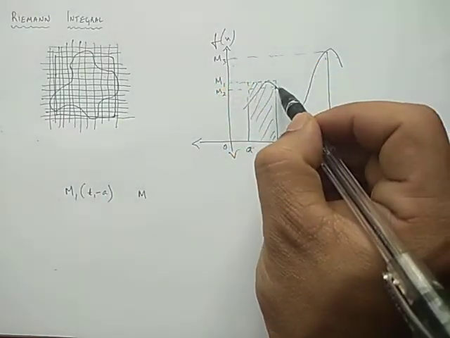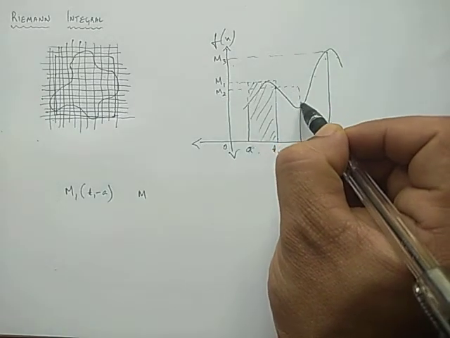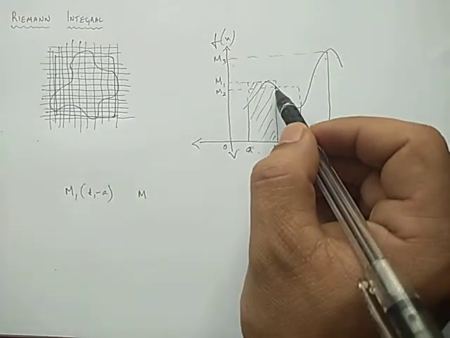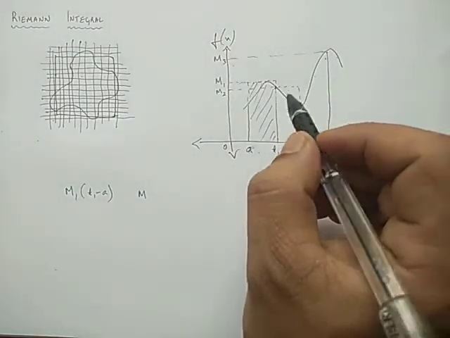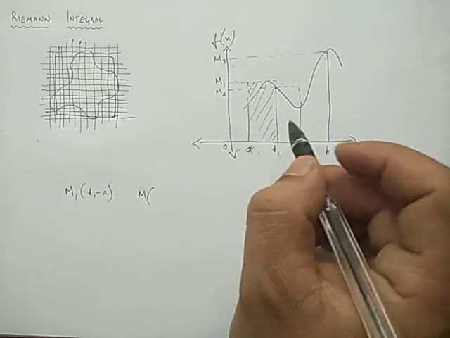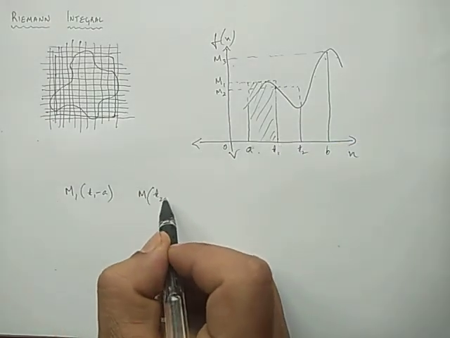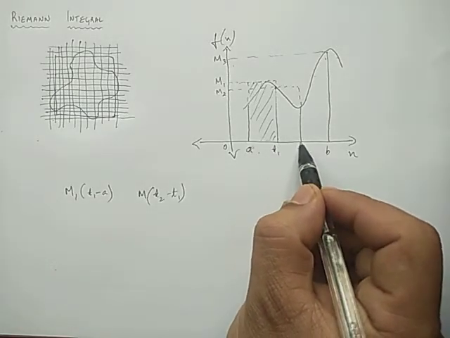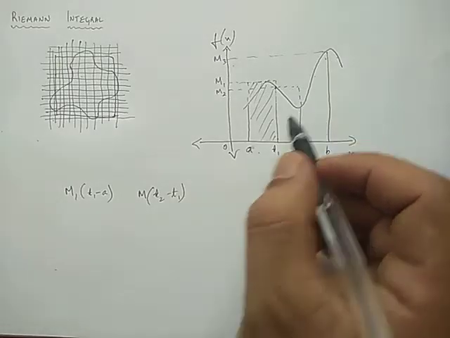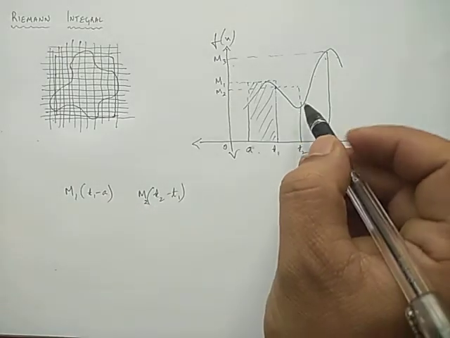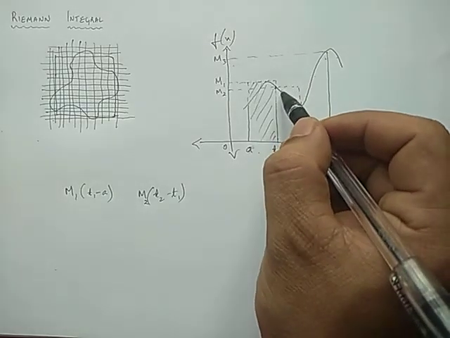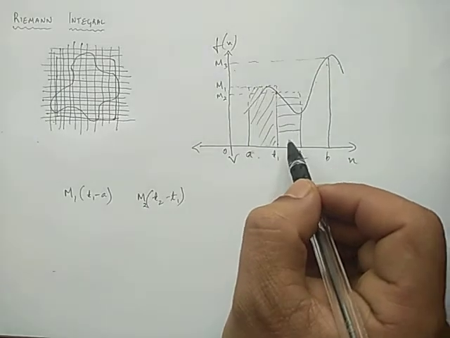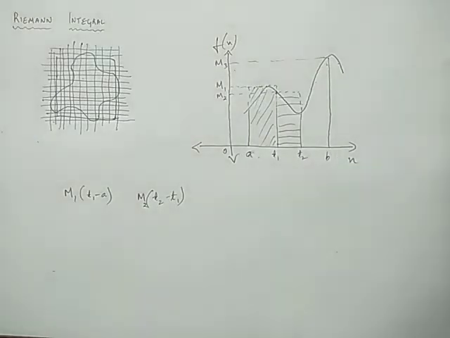And my M2, let's say this one is M2, this is M3. My M2 is the length of this line. Then my T2 minus T1 is the length of this line from here to here. So if I multiply M2 and T2 minus T1, I will get the area of this one.